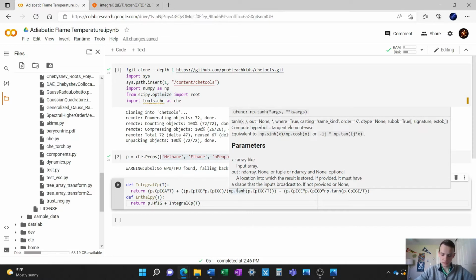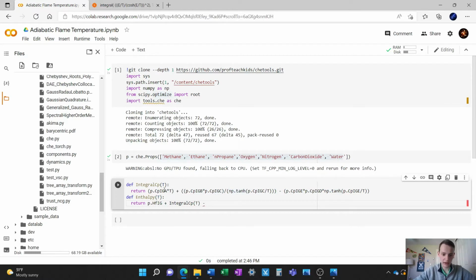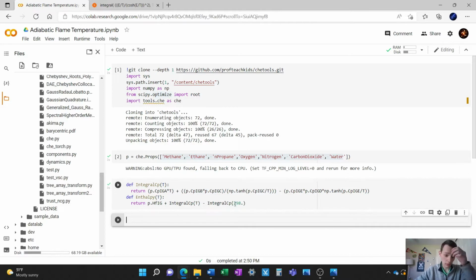So that is what we have, so we're just subtracting that from the enthalpy here, and this would be what? This is room temperature, 298 Kelvin. Awesome. Perfect. So now we have our enthalpies.